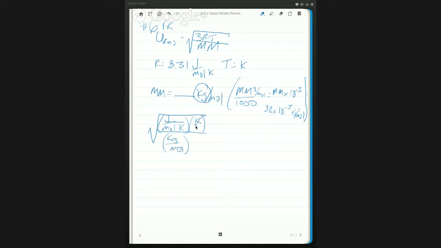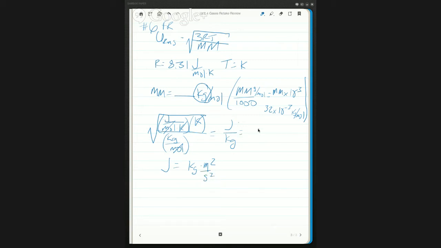The kelvins cancel out, the moles cancel out, leaving you with joules over kilograms. And it's root mean square speed. How is speed measured in joules per kilogram? Well, here's the fun thing. Joules is actually equal to kilograms times meters squared over seconds squared.